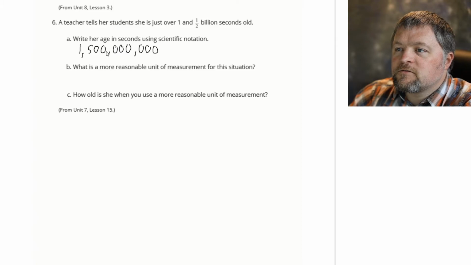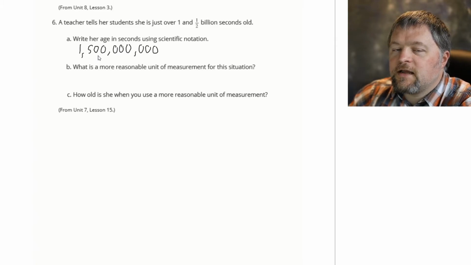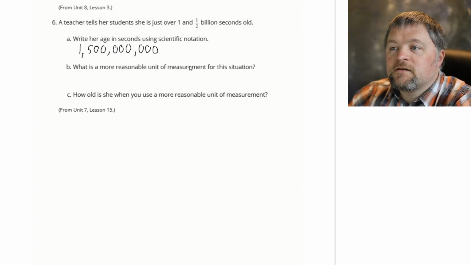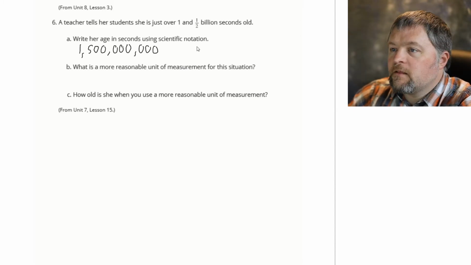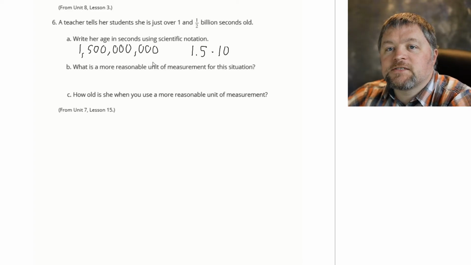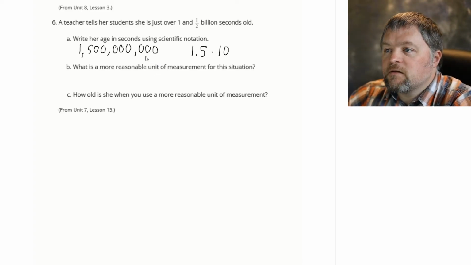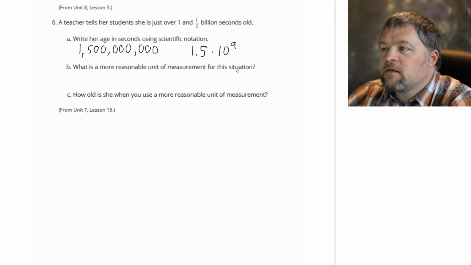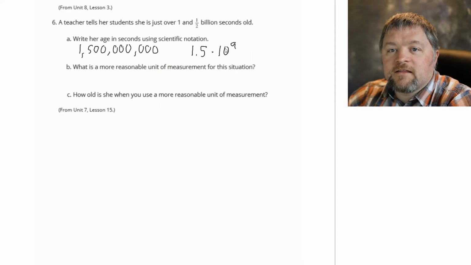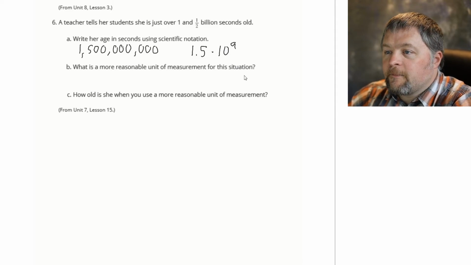So, thousands, millions, 1.5 billion seconds. In scientific notation, 1 digit in front of the decimal point times 10 to the power of how many spots did we move the decimal point? 9 spots. 1.5 times 10 to the power of 9.